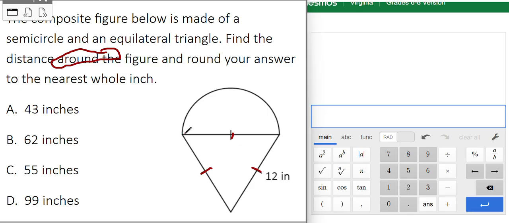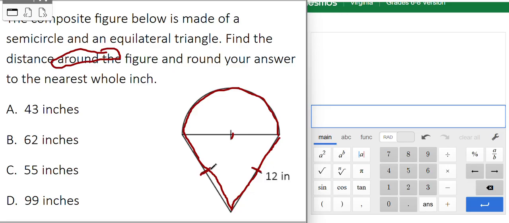Well, let's actually look at this. We need this here, and we need this side, and we need this side. This here is inside the figure, so it is not going to count as part of the perimeter.